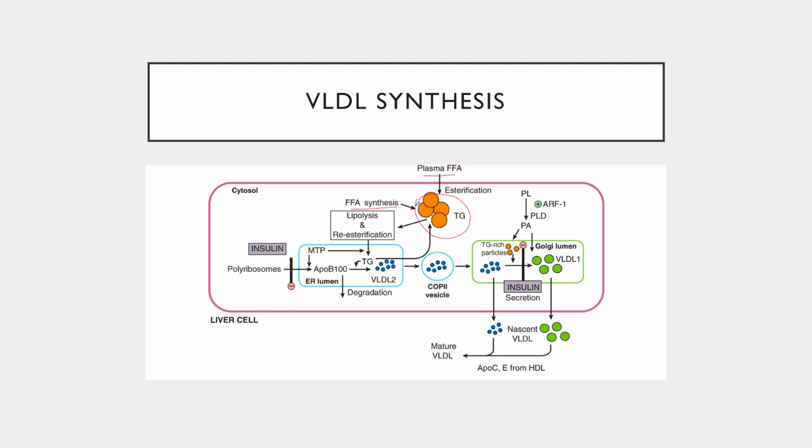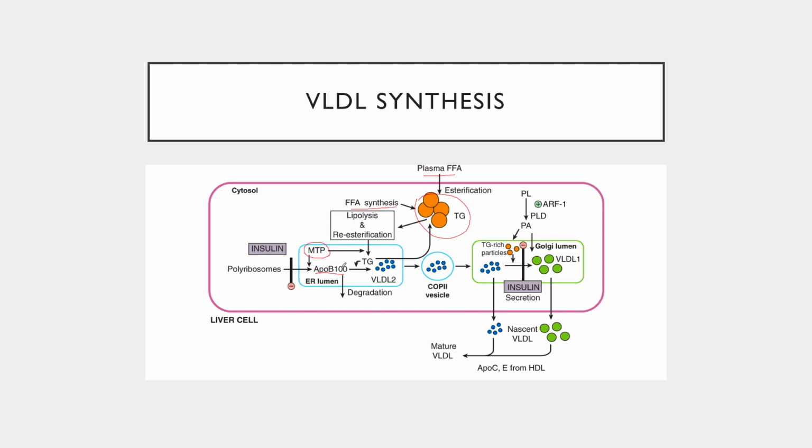The VLDL particles acquire our apoprotein, ApoB100, through an interaction with the enzyme microsomal transfer protein. This is also true for the loading of ApoB48 onto chylomicrons. Microsomal transfer protein facilitates that reaction as well.